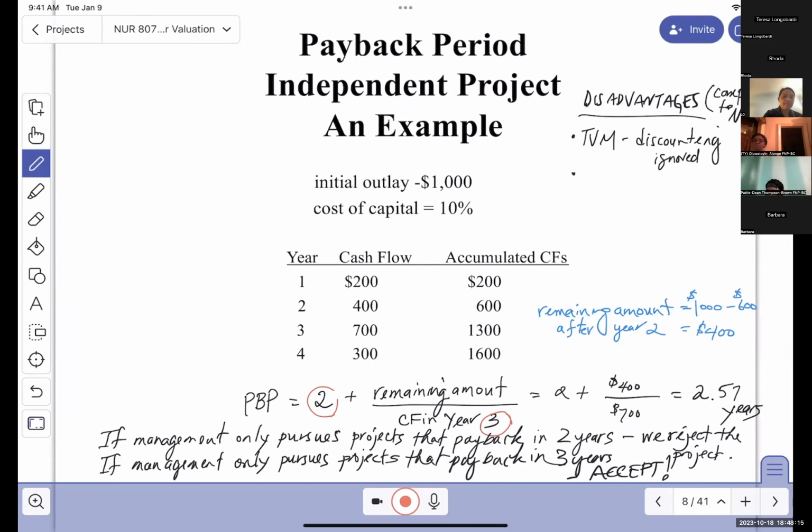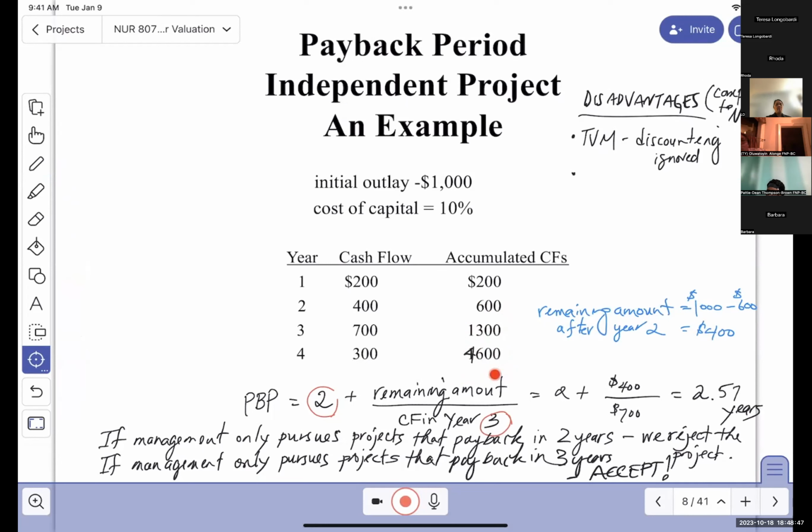It's not easy to see this at first, but let's say this amount was like that. Did I even use that number in my calculations? No. So I just stopped here, right? At 2.5 years. I just used these numbers. I didn't even use this number.